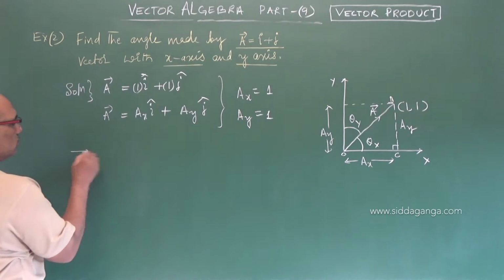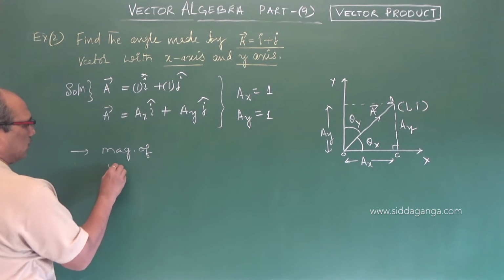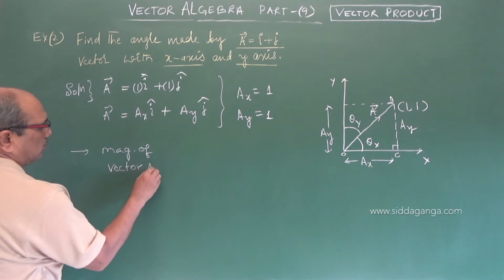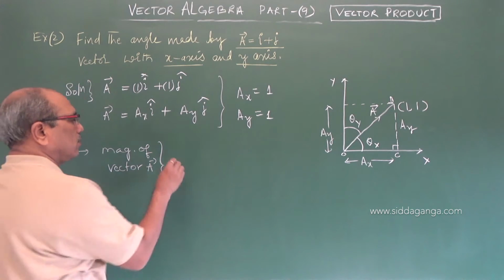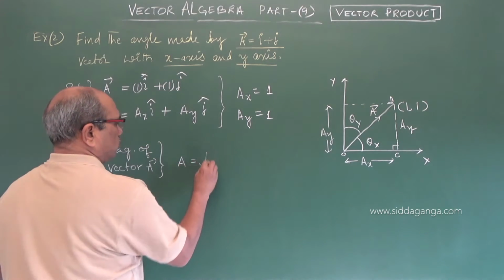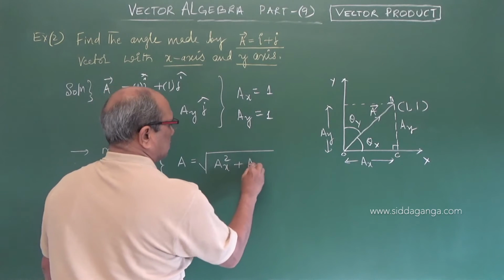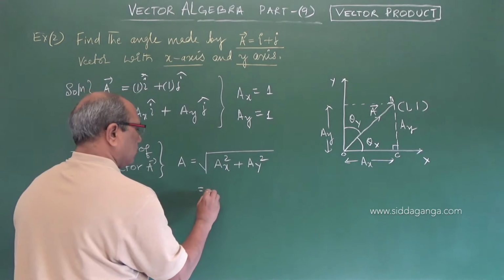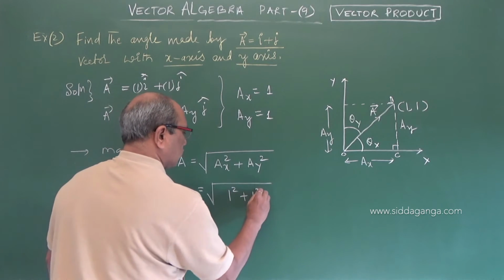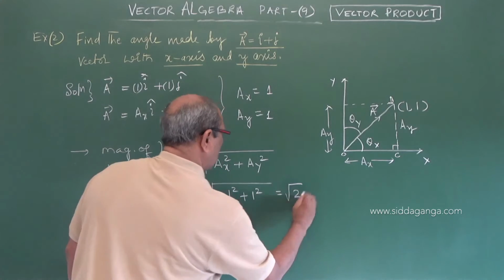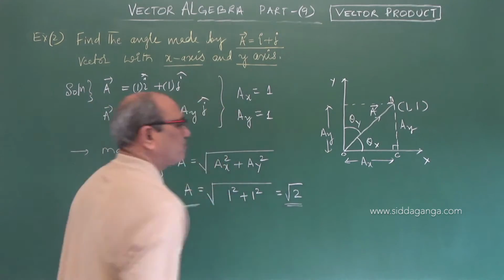Therefore, to get the solution, you have to get the magnitude of vector A, which equals root of Ax square plus Ay square, which gives you 1 square plus 1 square equal to root 2. So we got the magnitude.